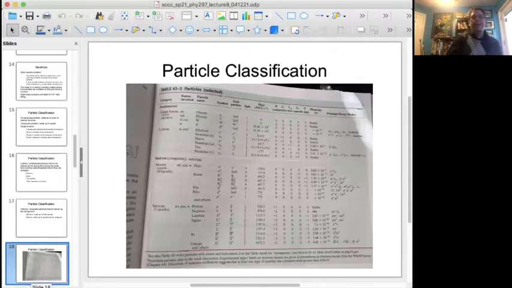And so you can see the different types. That table gives the different properties, all of which are conserved in interactions.